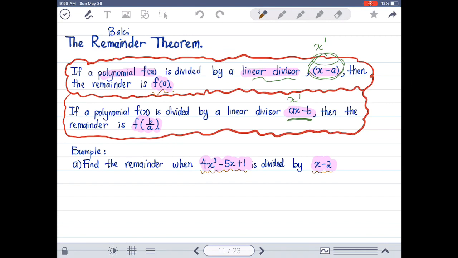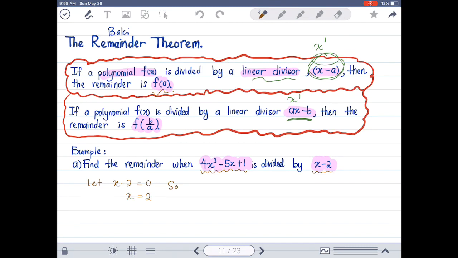Okay, first you let the divisor x minus 2 equal 0. Always let the divisor equal 0. And we have x equals 2. Okay.